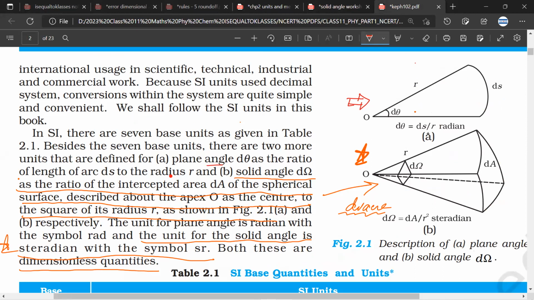The plane angle d theta is equal to L by R: the length of the arc divided by the radius of the circle of which it is part. In this NCERT textbook, they have defined the length of arc as ds and the radius as r, and d theta is equal to ds by r. This is what we know as radian.